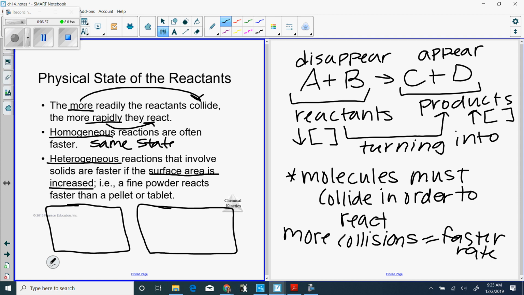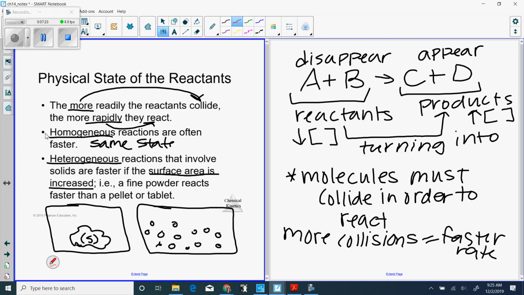So on the left, we're going to have a big chunk of something. I'm going to label it solid. If I smashed it with a hammer and increased its surface area, and now I've bunched it into a gazillion little pieces, I increase my surface area.